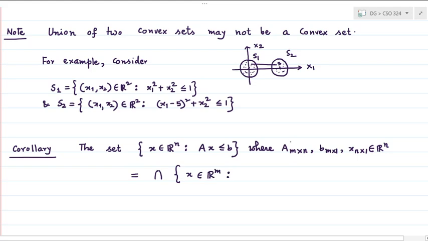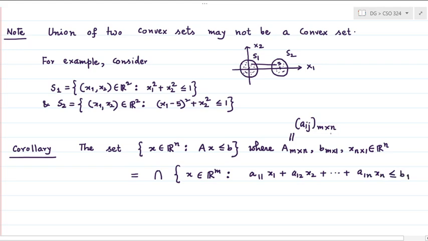So if I write the matrix A with a_ij as the ij-th entry, you notice that the first row of Ax less than or equal to b is given by a11 x1 plus a12 x2 plus, likewise, up to a1n xn is less than or equal to b1.